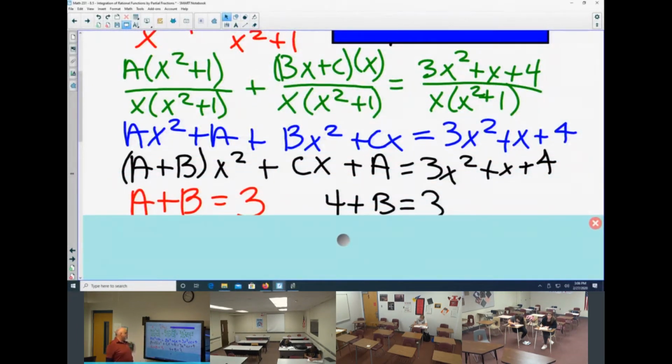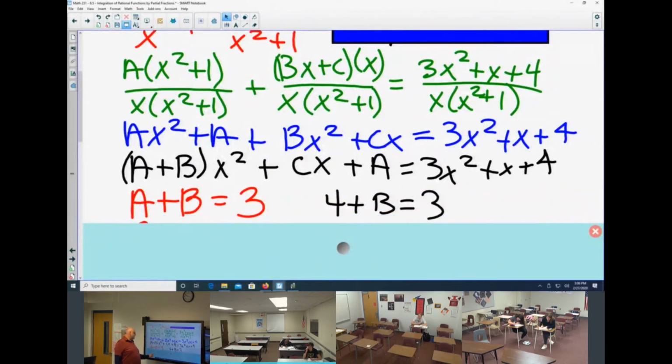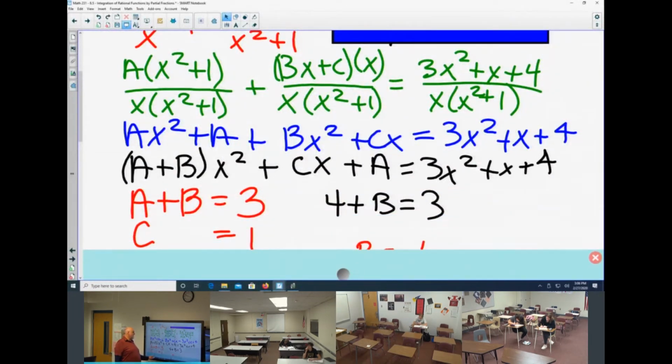All right, and then what? For your x terms. Cx equals x. So what does that mean? C equals 1. So C equals 1. And then finally your constants. A equals 4.